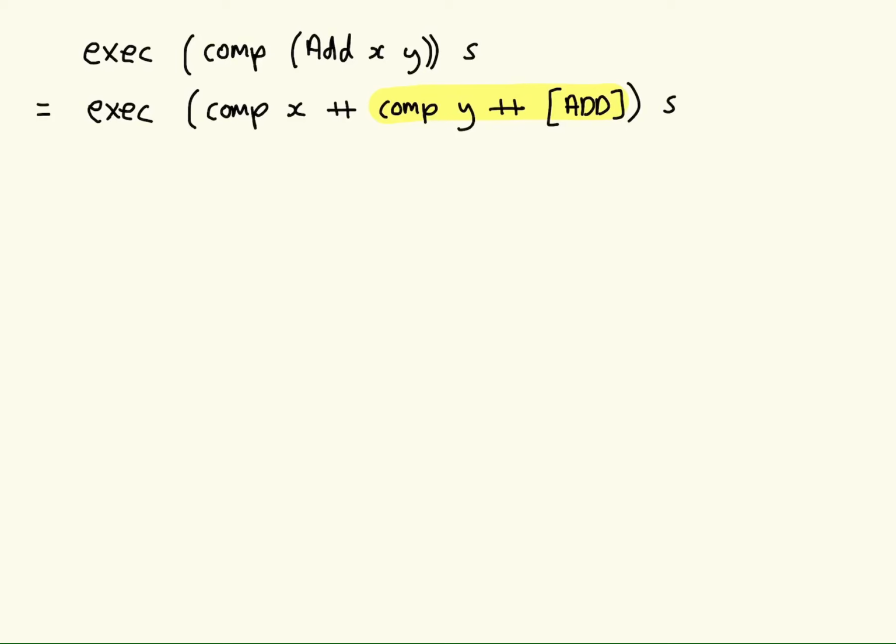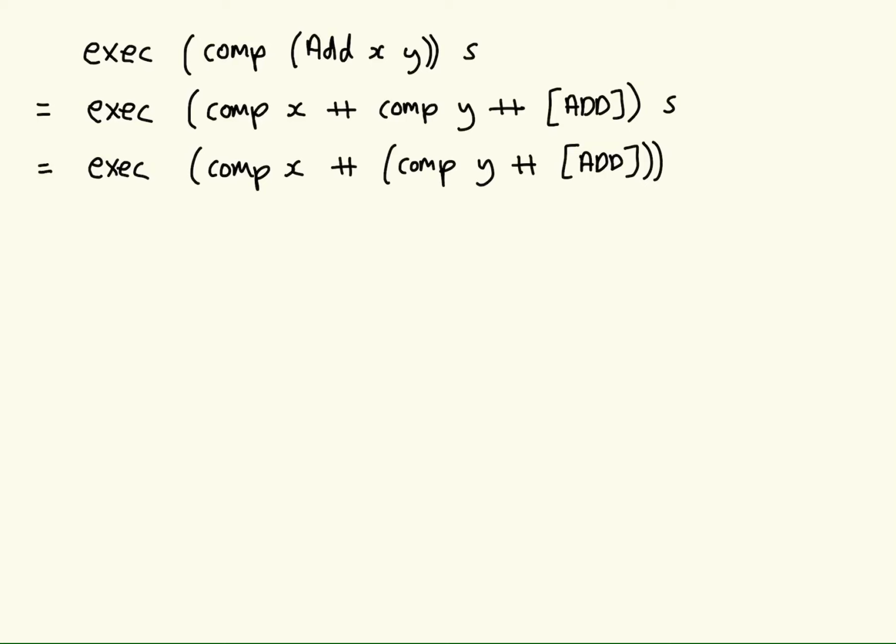So we're going to use the fact that append is associative, so it doesn't matter which way around you bracket it, but this time around, I'm going to bracket it to the right. So I'm going to have compilation of x ++, and then in brackets, compile y, and then ++, and then add, and close the brackets, and I've got S.